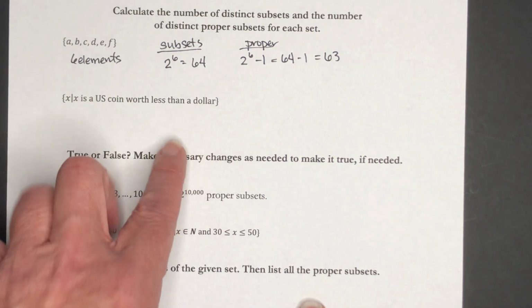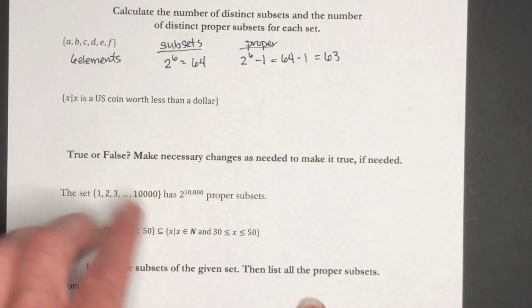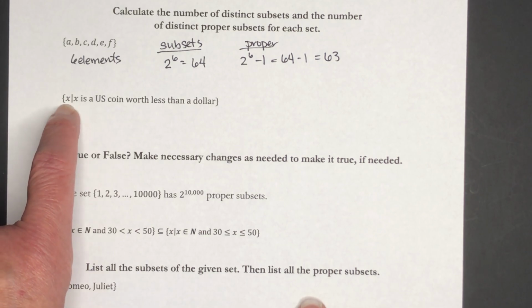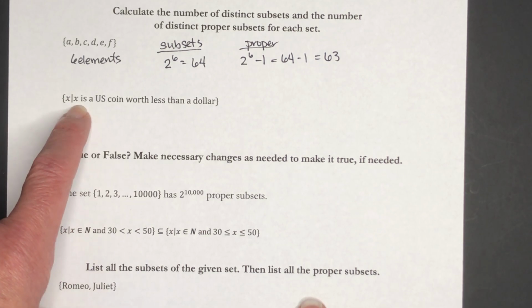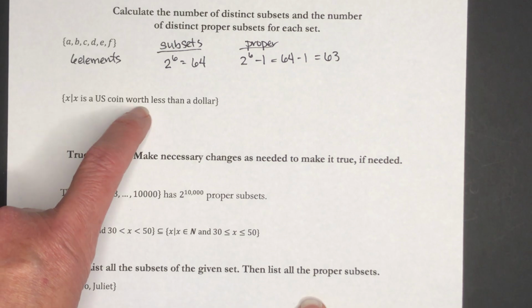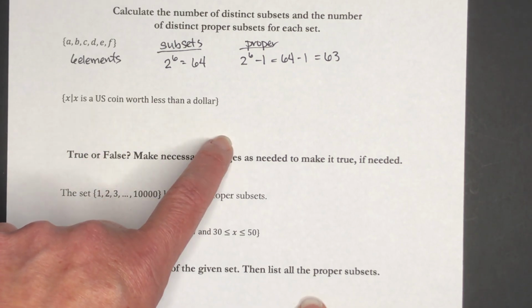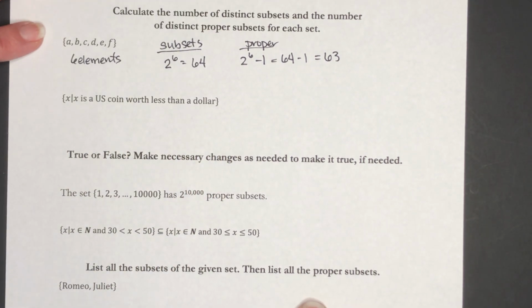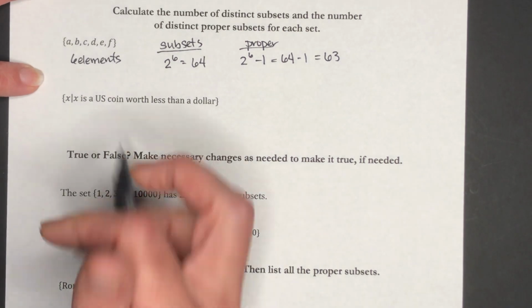Now I'm going to do the same thing. How many subsets are there if we have the set of all X such that X is a US coin worth less than $1? So the first thing we have to do is to figure out all the coins that are less than $1.